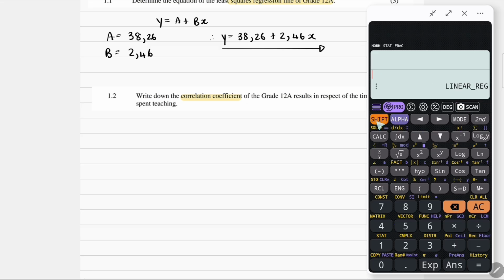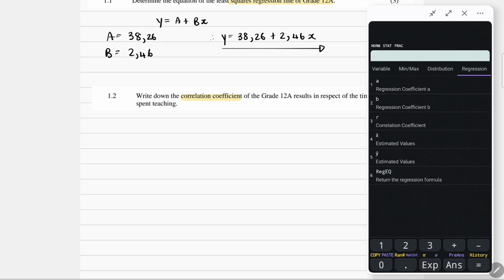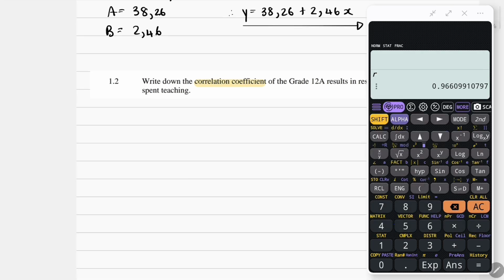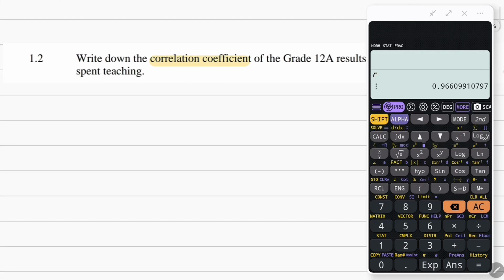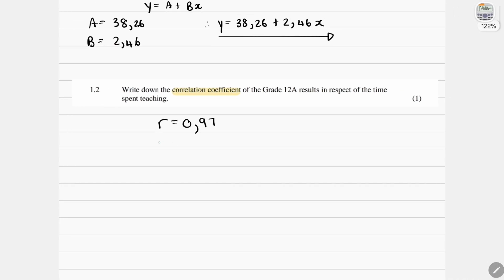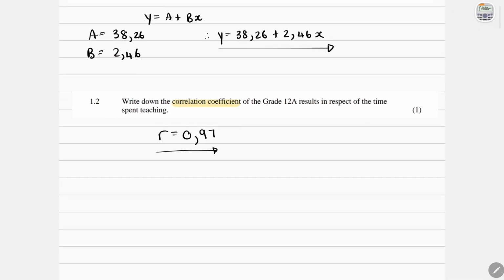So you're going to press shift 1 and again go for regression, option 5. And then there's the correlation coefficient. So you can see the correlation coefficient of grade 12A, r is equal to 0.97, rounding up to a 7. Okay, and that is our answer. They didn't ask to comment on it yet, so let's keep moving.